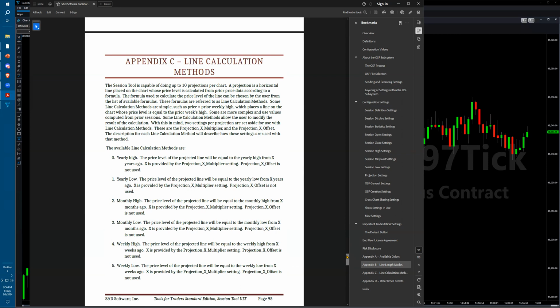Like I said, it's not the most user-friendly tool, but it can do a lot of things. Depending upon what you're trying to do with your trading plan and your trading style, it can simplify things and make it easier for you.